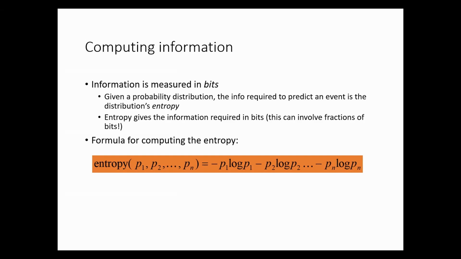That can be done using this equation for entropy, where the p values are the probabilities p1, p2, up to pn. So if you have p1, the expanded version will be minus p1 log p1, minus p2 log p2, and finally minus pn log pn. These probabilities we can calculate by going through each of these attributes.